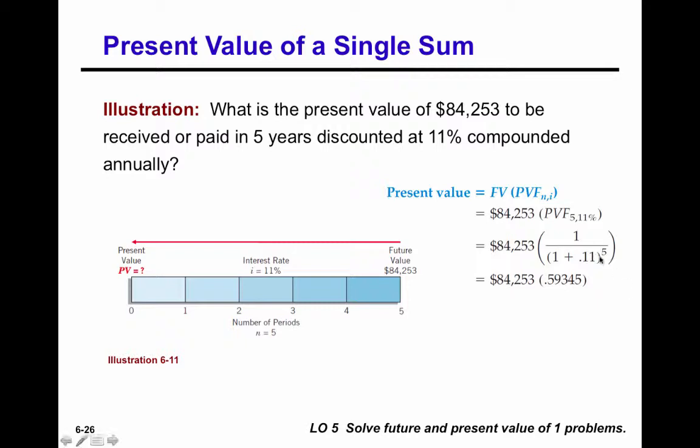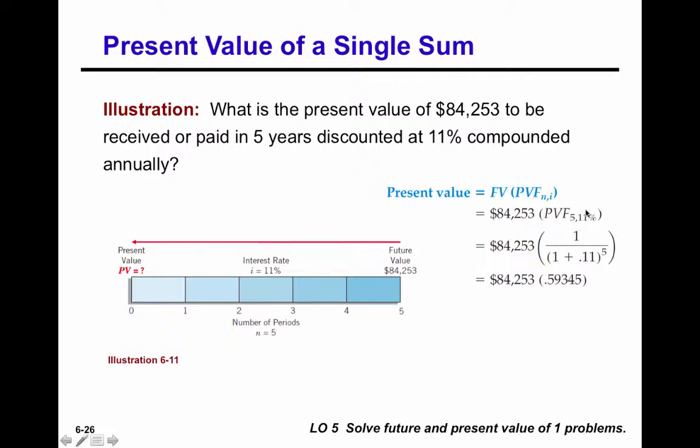Again, the pictorial depiction down here, the future value amount that's going to be received or paid in 5 years is a future amount, and the amount that's going to be equivalent to that in the present is what we're looking to determine. We know that the interest rate is 11%. We know the number of compounding periods is 5. We do the arithmetic.